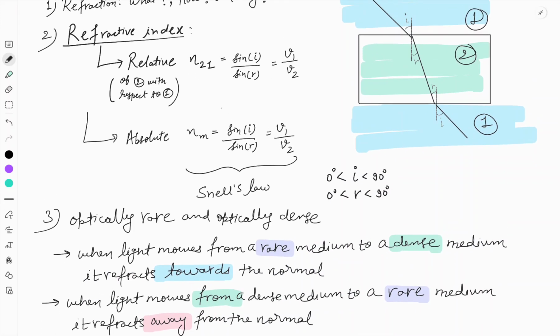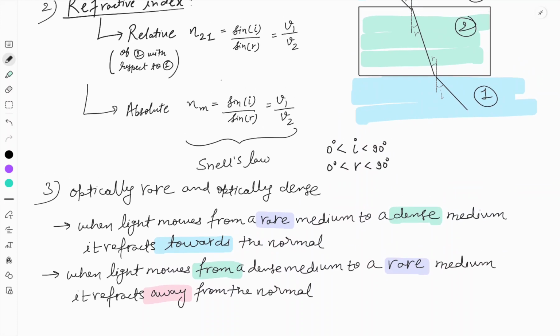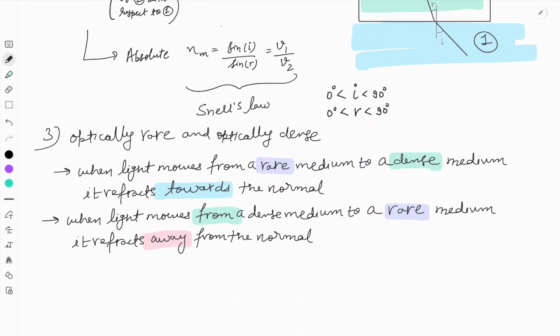We learned that i and r have this constraint. We saw these things with the simulations as well. And then we learned what are optically rare things and what are optically dense things.